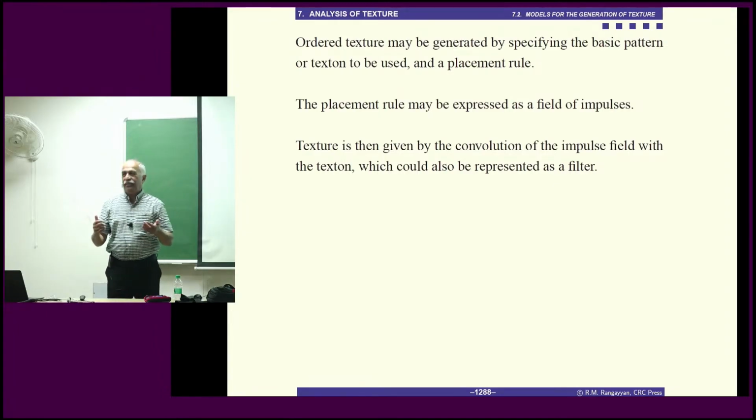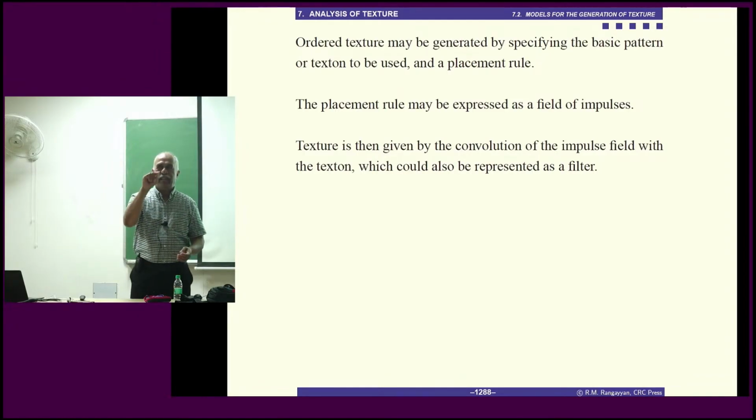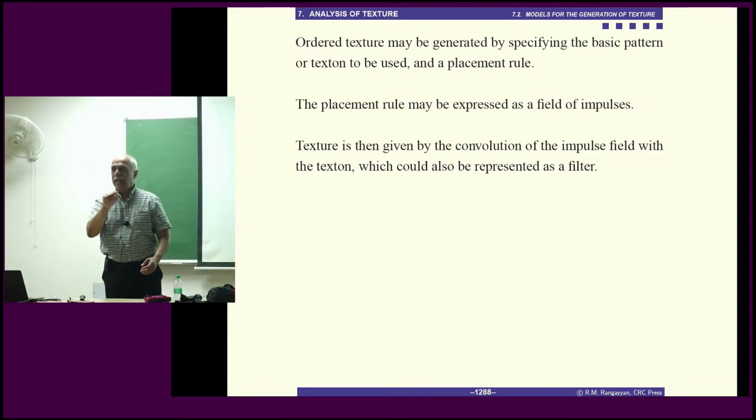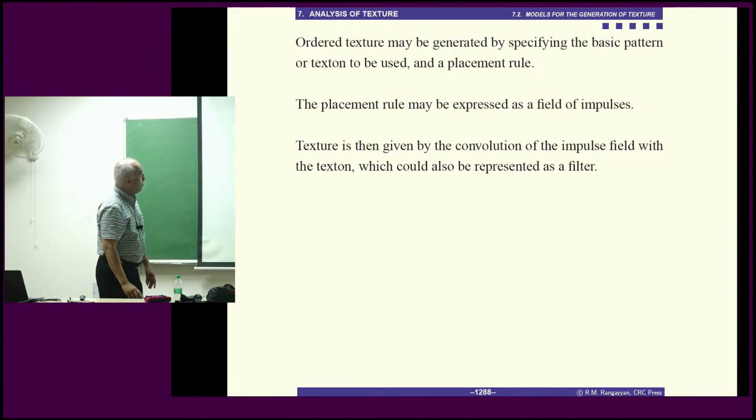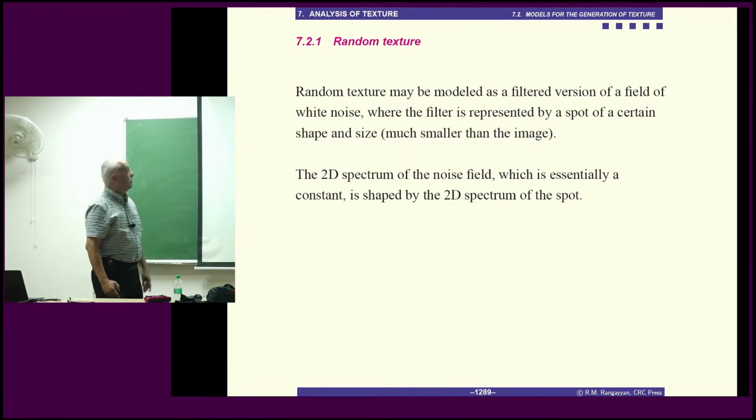Typically periodically, but there could be other patterns where it is not periodic or quasi-periodic, and you just have to say, put it here, here, here, and that means you're putting an impulse at those locations, convolving with the spot. Convolution will copy the spot at every impulse. So then that spot acts like a filter.